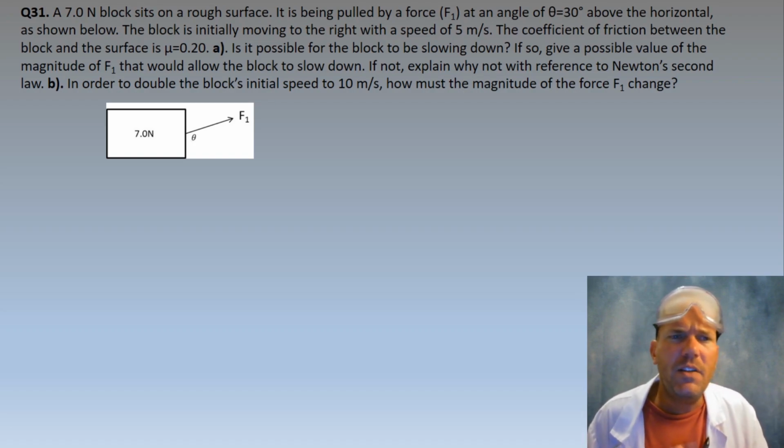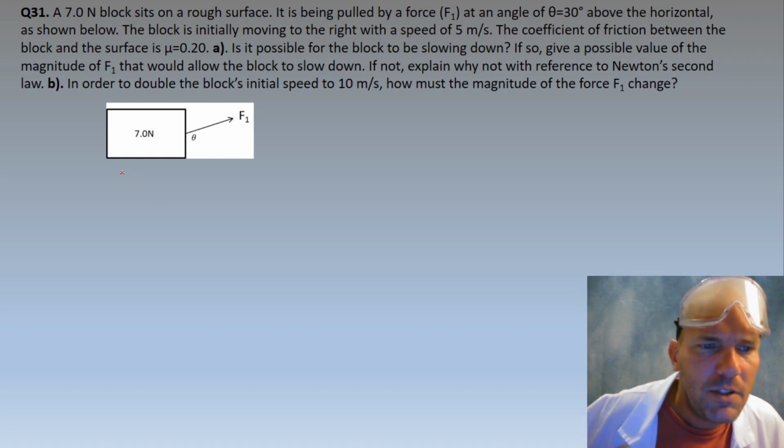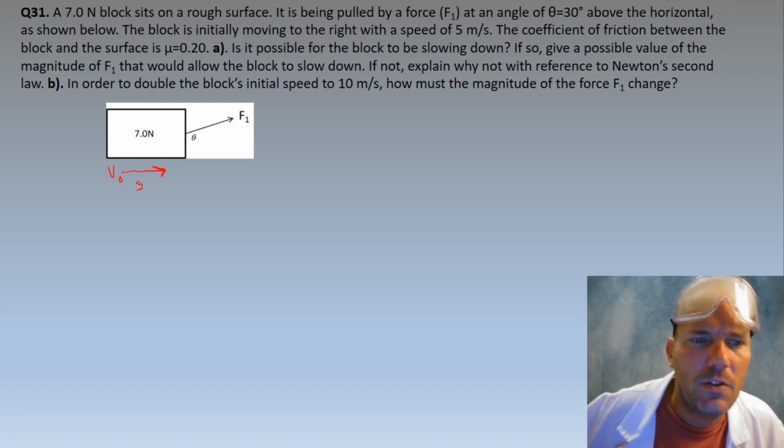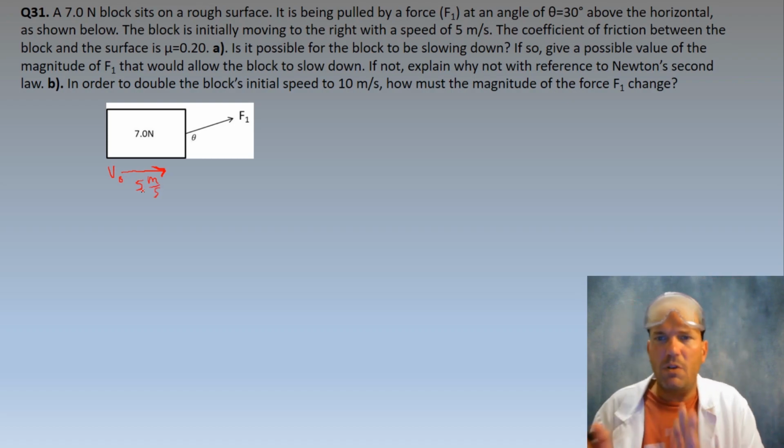All right. A 7 newton block is on a rough surface. So mu is substantial. It is being pulled by a force F1 at an angle of 30 degrees above the horizontal. The block is initially moving to the right. I want to show that here. There's a V naught, and it's to the right, 5 meters per second. That way I know it's moving to the right.